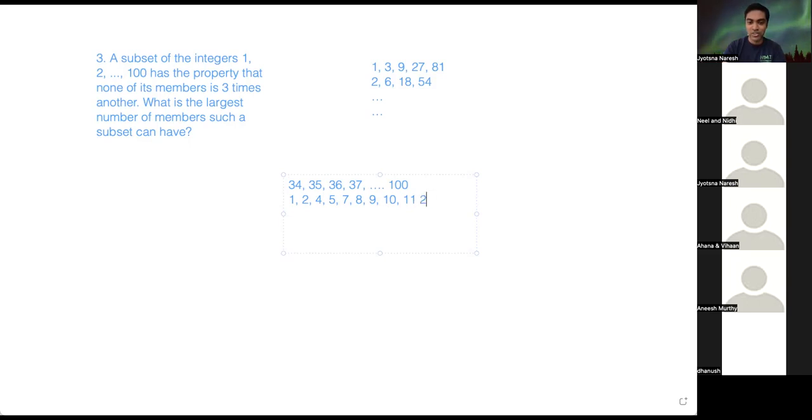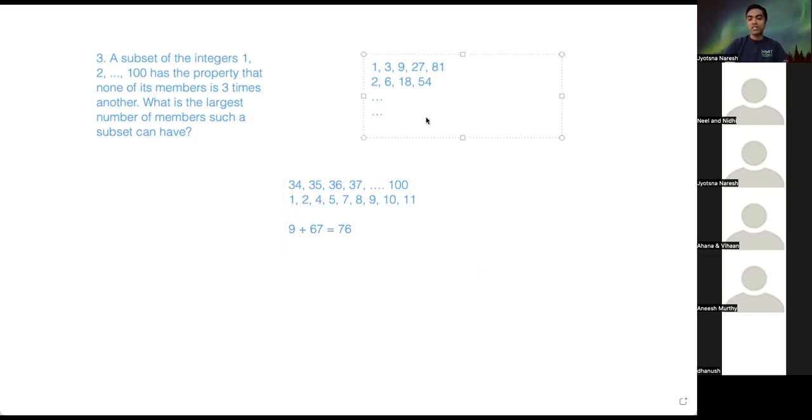And if I go up to 33, same issue, right? So how many numbers do I have here? 9. Yeah, there's 9 numbers. 67 plus 9 is equal to 76.